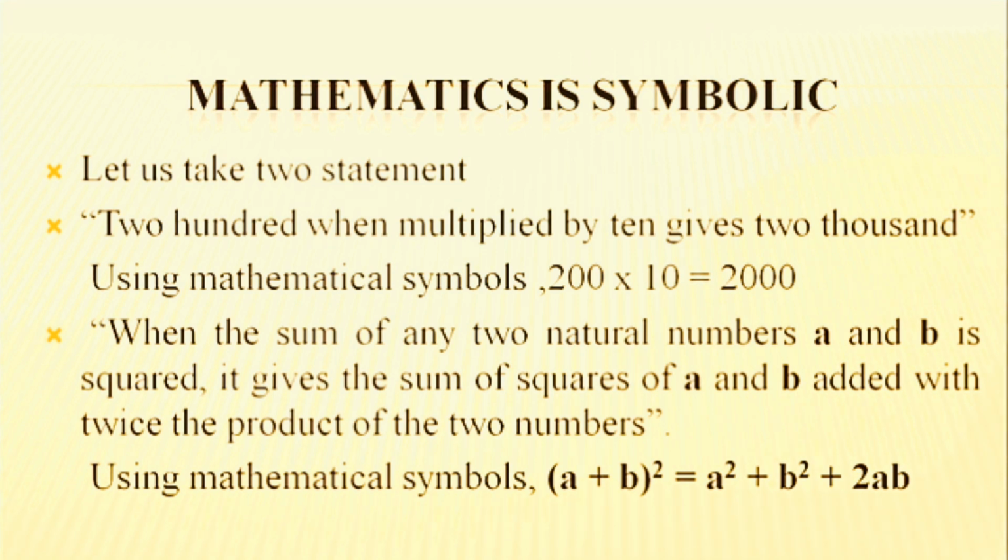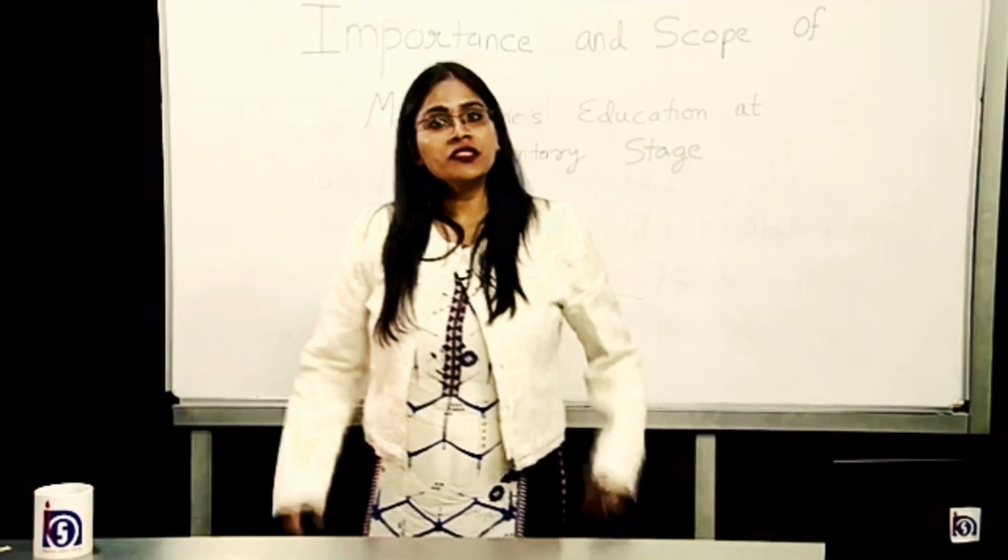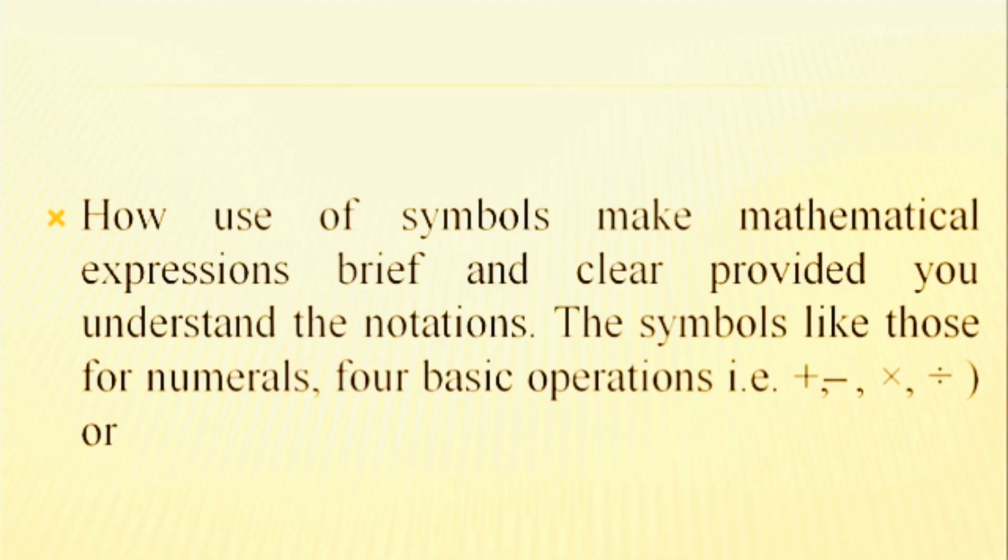Now, the second statement is when the sum of any two natural numbers, say a and b, is squared, it gives the sum of squares of a and b added with twice the product of the two numbers. See how the use of symbols makes mathematical expression brief and clear, provided you understand the notations.